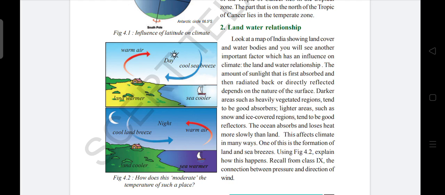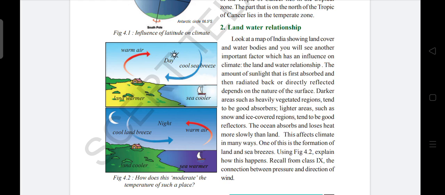Using figure 4.2, you can see here how it moderates the temperature of such a place. Here we can see warm air and cool sea breeze.